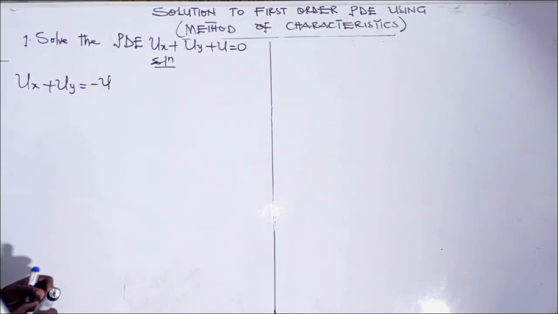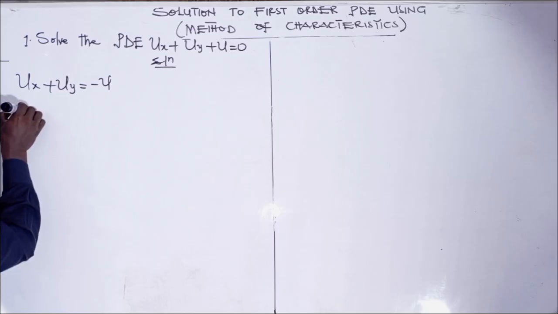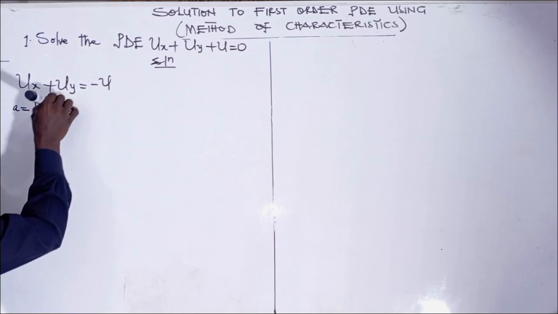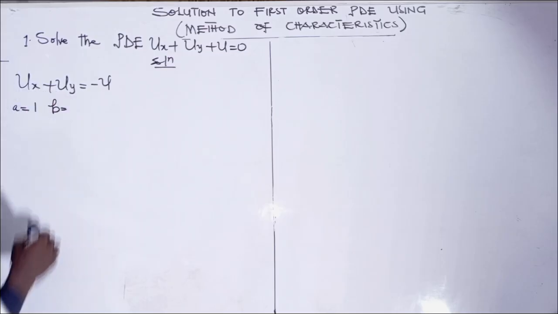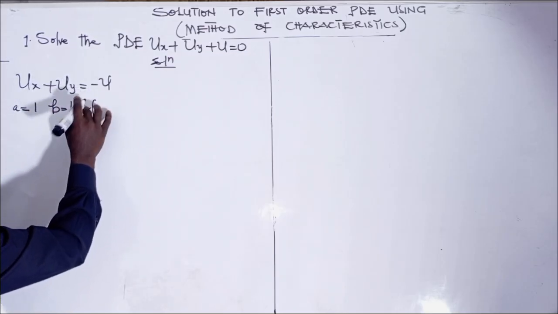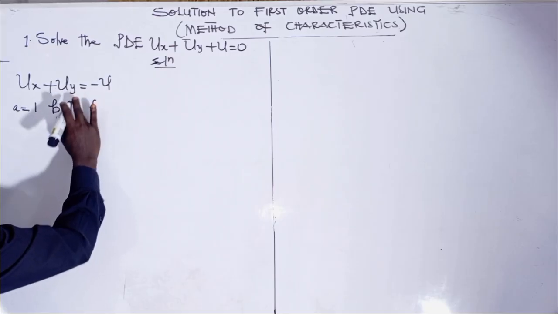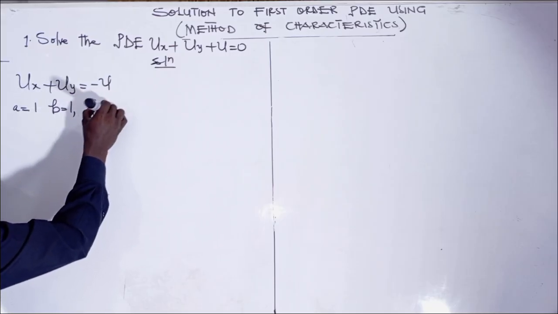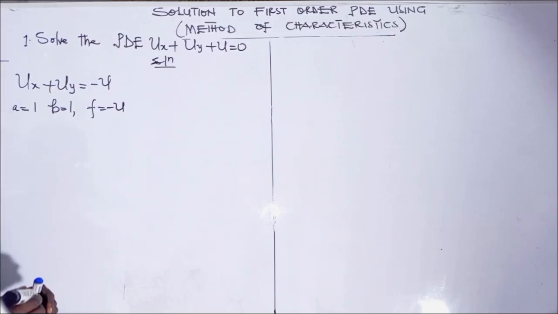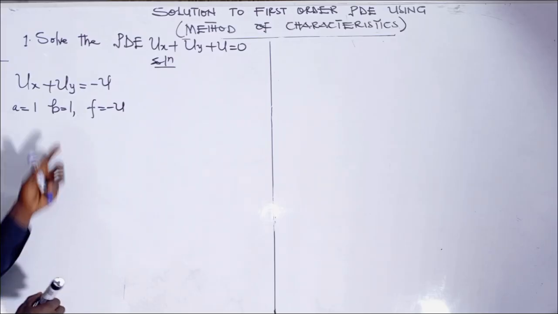So once we have this, we identify our a. Our a is the coefficient of ux, that is 1. We identify our b, the coefficient of uy, and then our f is minus u.